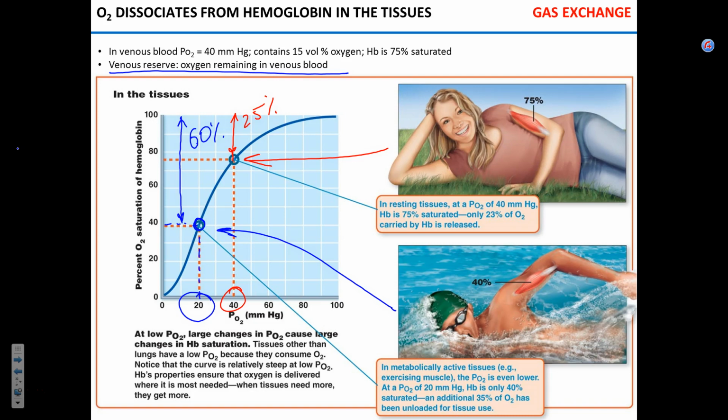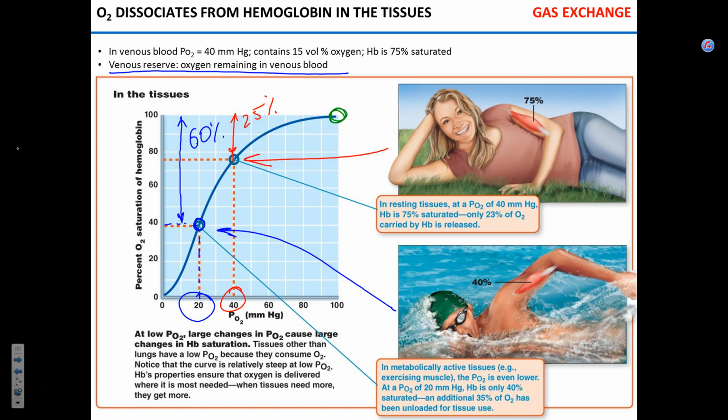Another question, a really important question about this. So you're breathing normally. Now, let's exemplify it using one molecule of hemoglobin, all right? So you have a molecule of hemoglobin named Joe that got 100% saturated in the lungs.